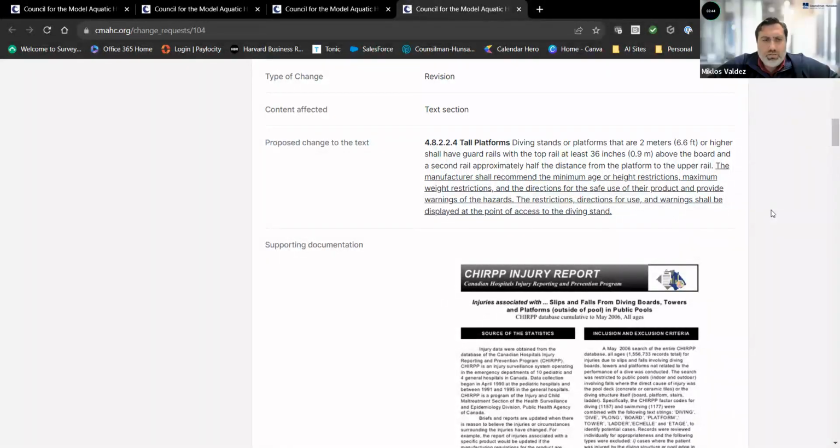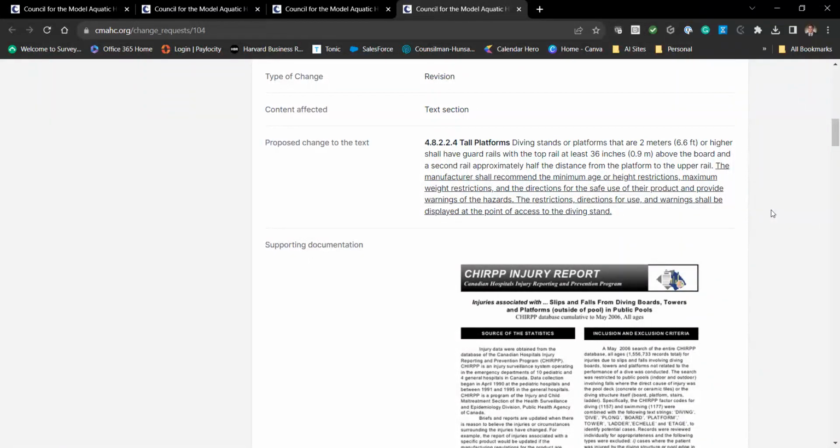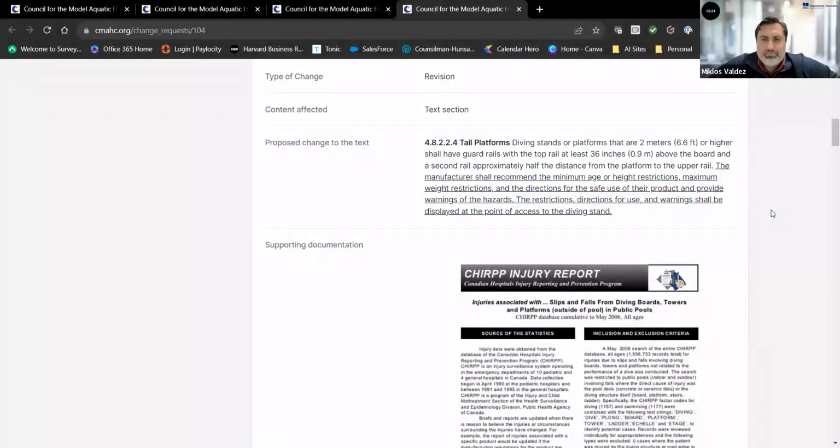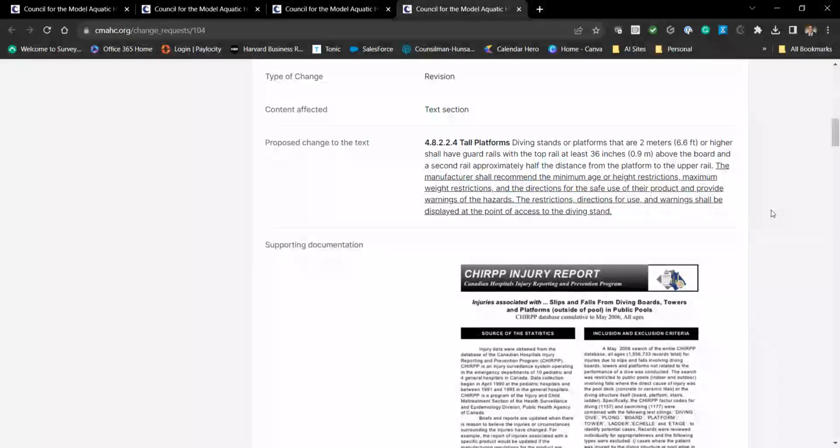All right, so Joe, it sounds like they made some updates to the language from the last go around. However, it still is asking for something that simply is just not able to be inserted into the MAC. Right, where it says the manufacturer shall recommend. Yep. We're not allowed to say stuff like that. Okay.